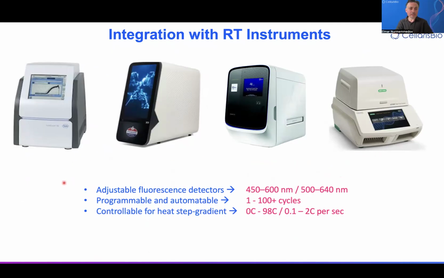And we prefer these systems for their ability to be adjustable for fluorescence detection. You can use various wavelengths. These systems are highly programmable and adaptable, and they're also very convenient in terms of controllability of the heat gradient, which is a great asset for our system.